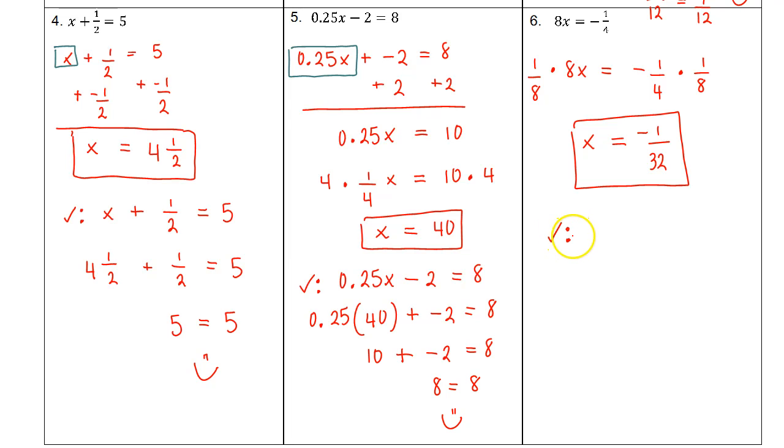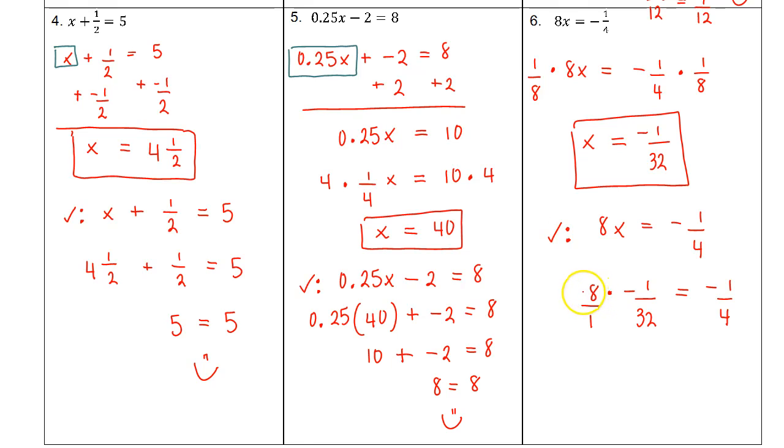Okay, now for my check. 8x equals -1/4, our original equation. I'm going to multiply 8 times my solution, which is -1 over 32. I have to make sure that that equals -1/4. Might be helpful if I put 8 over 1.